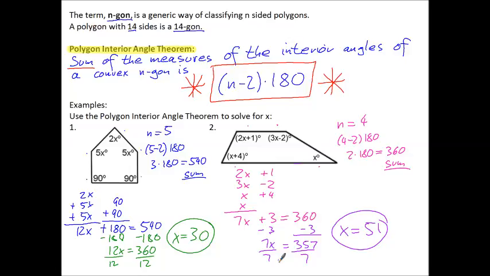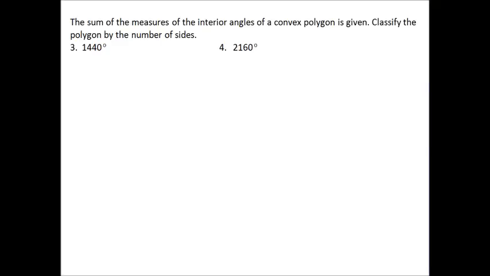Well done, you guys. Of course, we can also use the polygon interior angle theorem and apply it backwards, as in these examples here. The sum of the measures of the interior angles of a convex polygon is given this time. Classify the polygon by the number of sides.